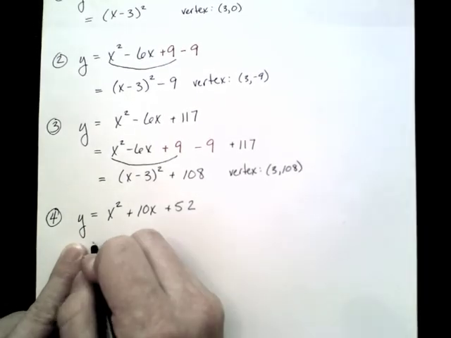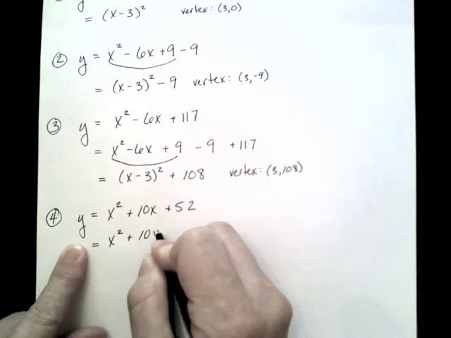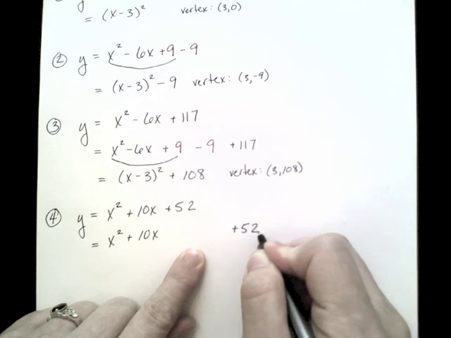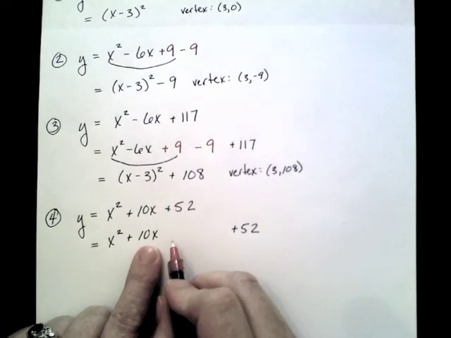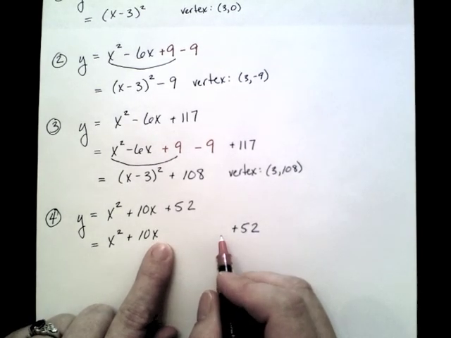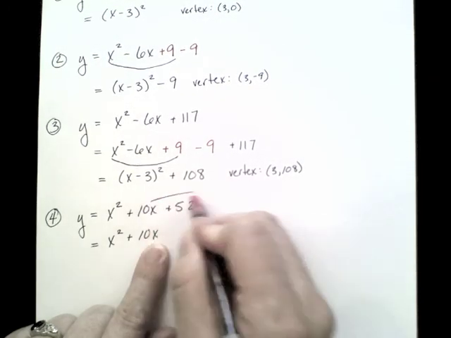Now, on this one, I'm going to do the same thing I did above. I'm going to shove over the 52 to get it out of the way. And then I need to figure out what number to add and subtract. I will do that by looking at the number 10.